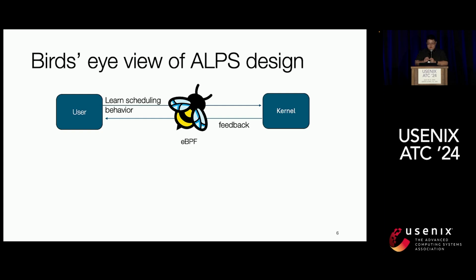Then we rely on eBPF to transfer this learned behavior to the kernel. We hook some critical paths in the kernel, so we can modify the behavior of the kernel scheduling. On the other hand, the kernel sends feedback to the user space to improve the performance of the learning policy.